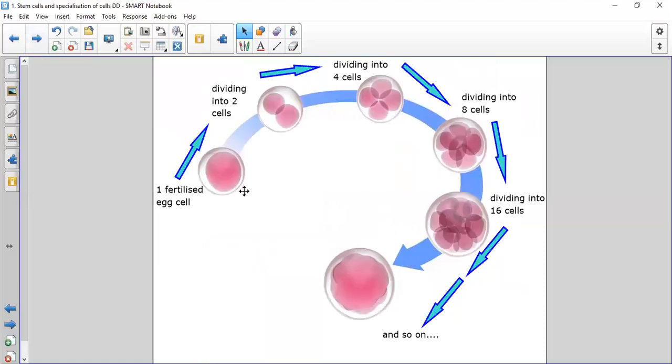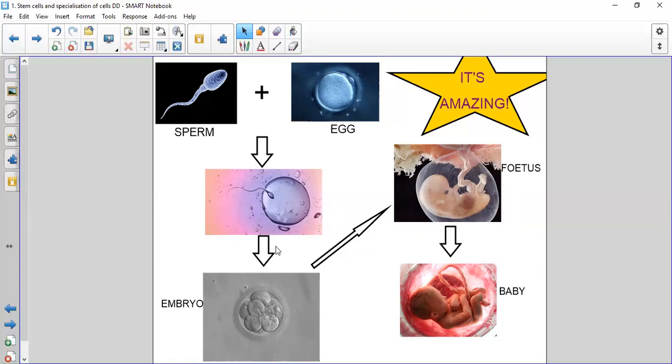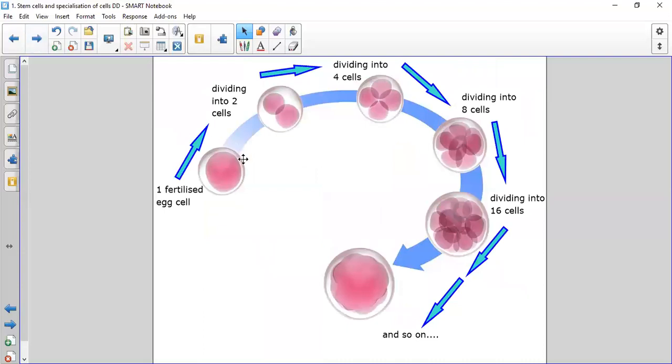This is just showing that if one egg cell got fertilized by sperm, and the sperm managed to go in, and the nucleus of the sperm and the nucleus of the egg have joined together, then that one egg cell will turn into 2. And each one of those will turn into 2, so we would end up with 4. And each one of those would turn into 2, so we'd end up with 8.